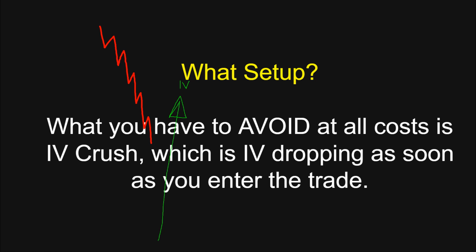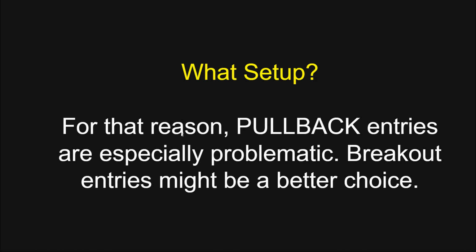So if you think that you caught the bottom of this as the price comes down to support and then rallies from here, what you'll find is that the value of that option, even though you time everything perfectly, and maybe you buy that call option right down here, what you'll see is the implied volatility will just crush the life out of this thing. So you'll get everything right, but your option won't make any money. Okay, so this is implied volatility dropping as soon as you enter the trade. So that is a bad scenario to enter in.